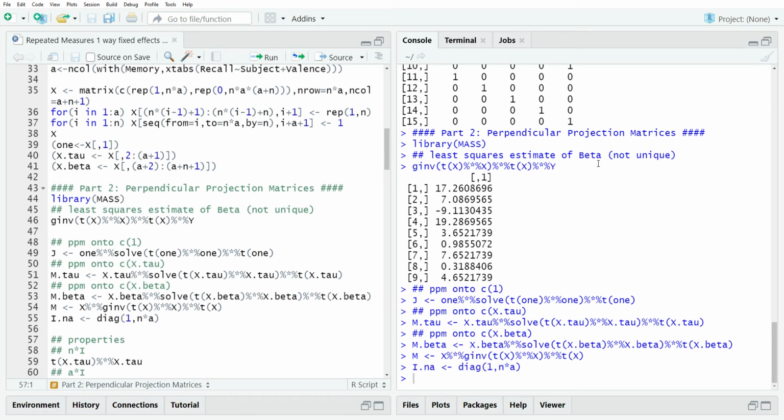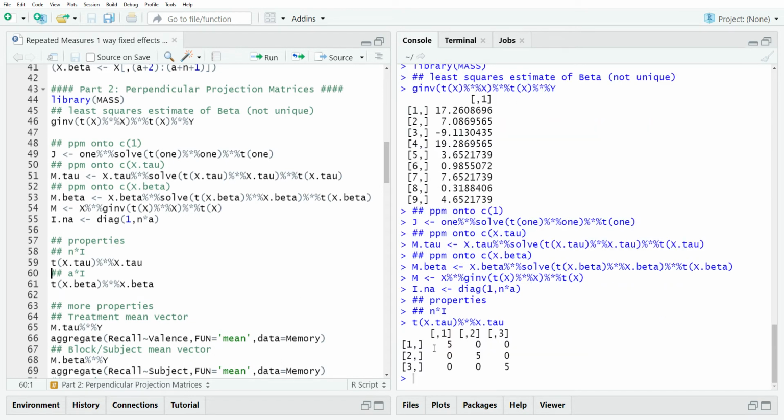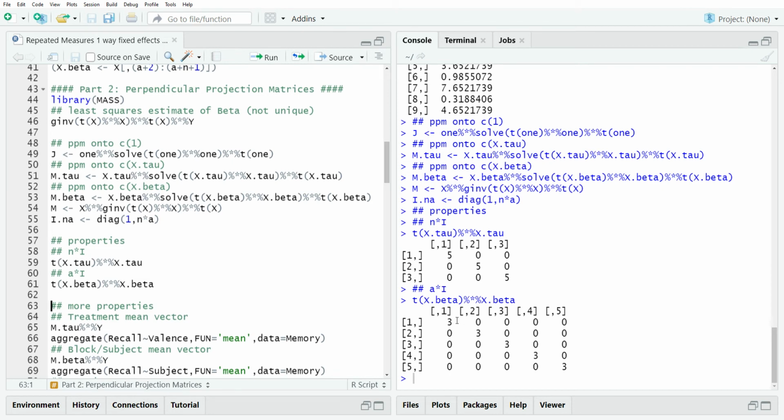And then some of the properties that we looked at in part 2 was x tau prime x tau, and it created n times the identity matrix. And then x beta prime x beta created the identity matrix times a, which is 3 in this case.